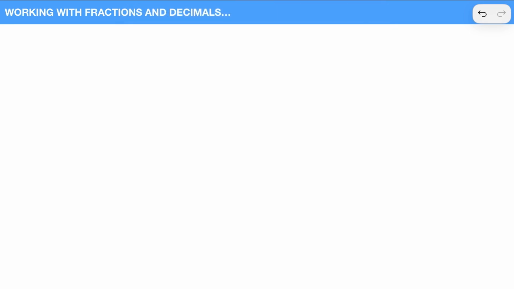That word decimal, the prefix dec or des means tenth. And then the other part of that word refers to the fact that we have a base 10 unit system.